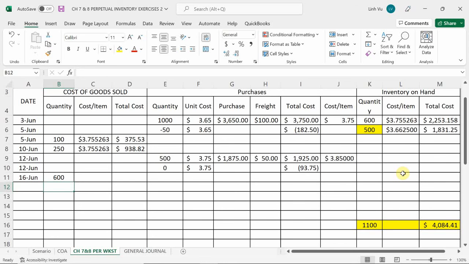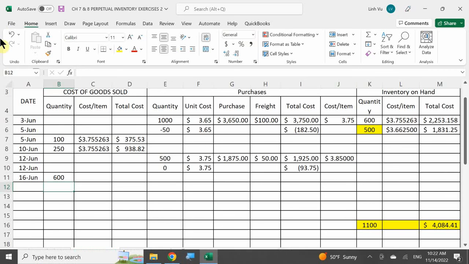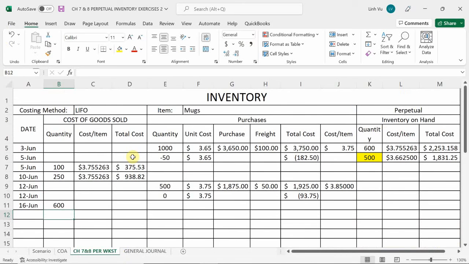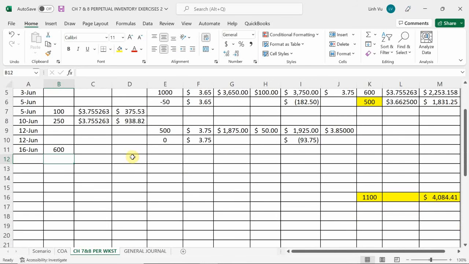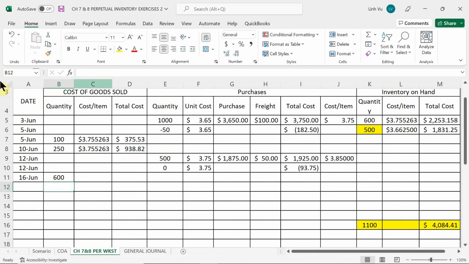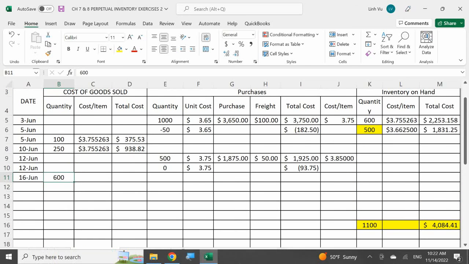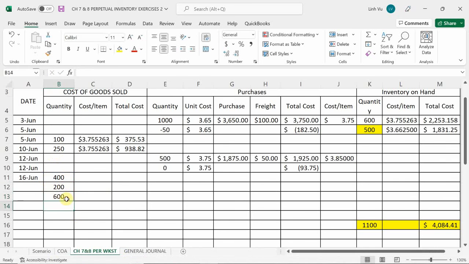Now, because we're using the rules of LIFO, I'm going to take my last batch, which I know I only have 400. And then, how many more do I need to get to 600? I need to take 200 out, okay? To get me my grand total of the 600 units that I sold.